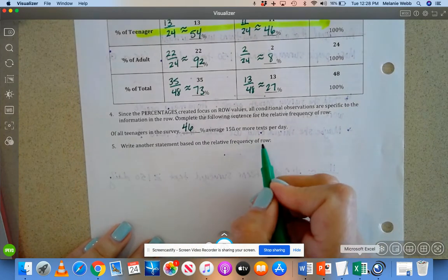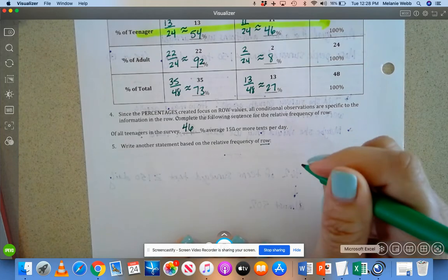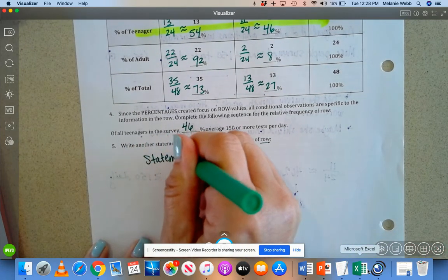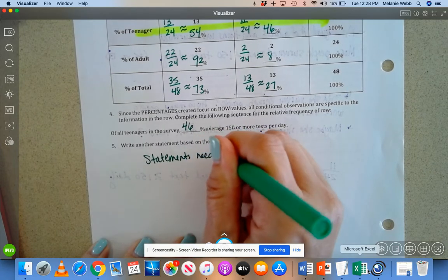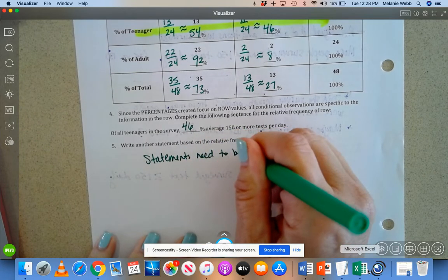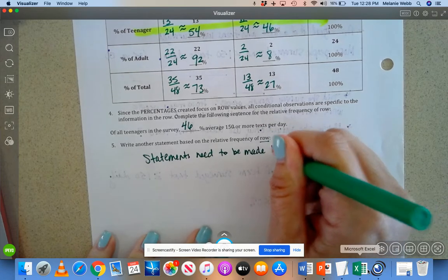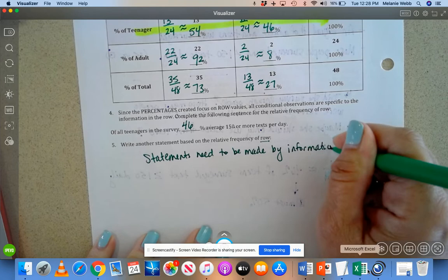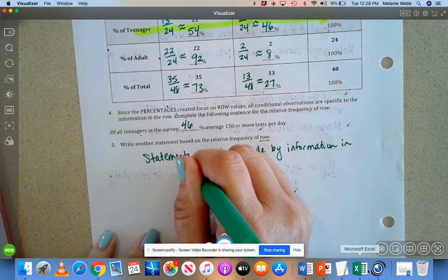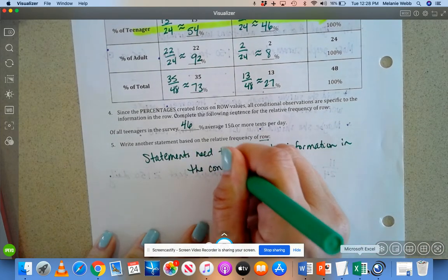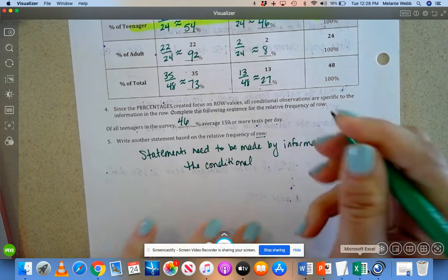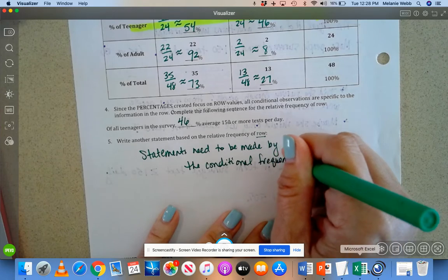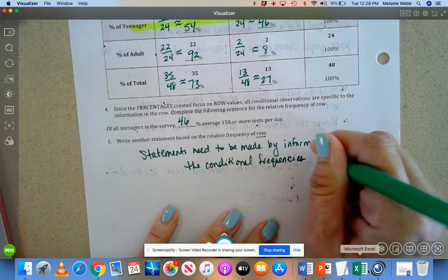So this is a really important point, that statements need to be made by information in the conditional frequencies or joint frequencies.